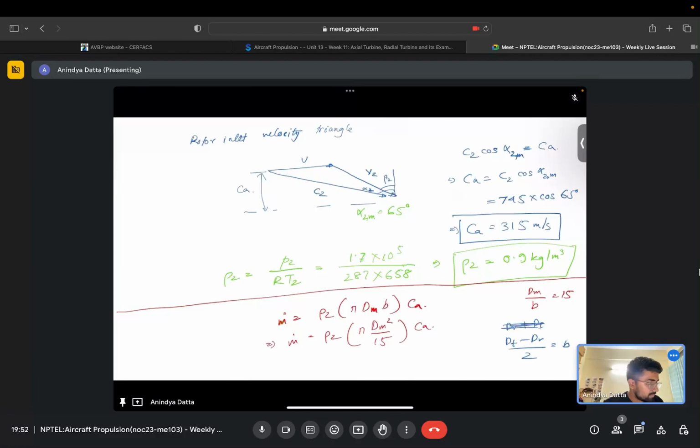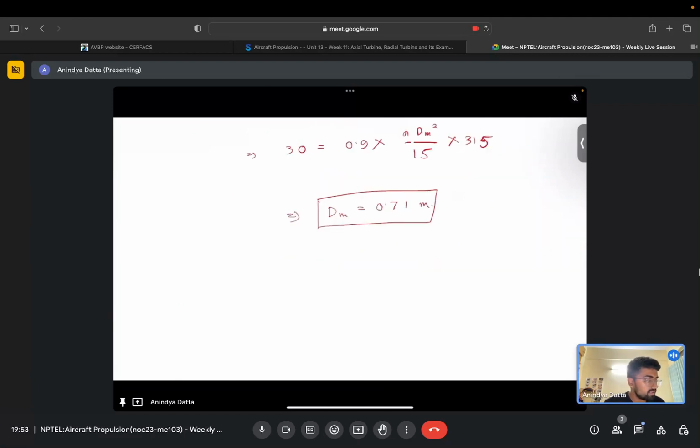If you put it here, this calculation becomes slightly complicated because it becomes non-linear. But you know b in terms of dm, so this is a good approximation, so that's what we are using here.